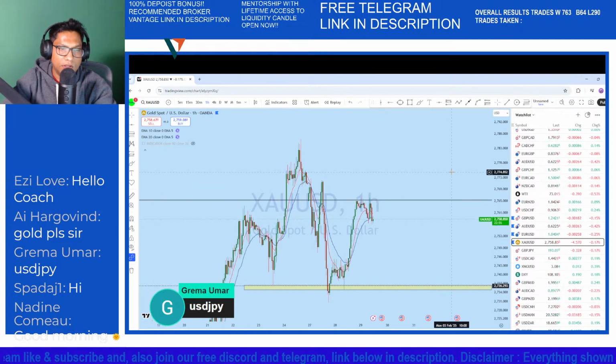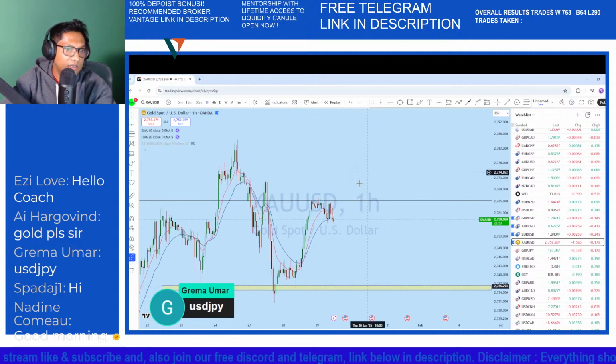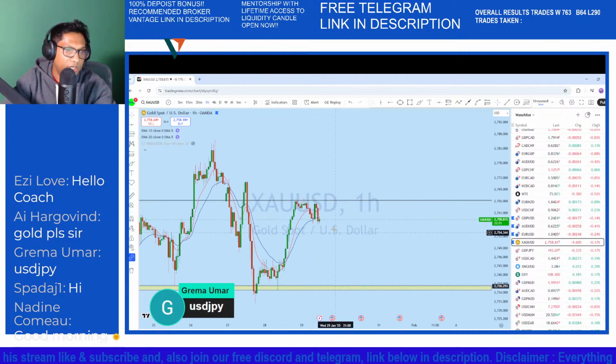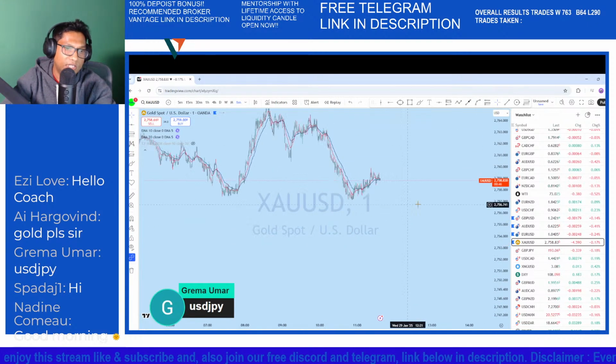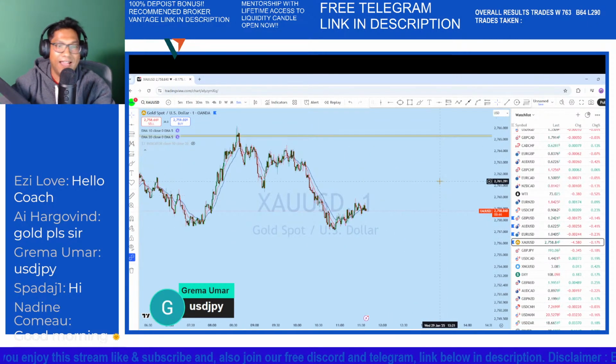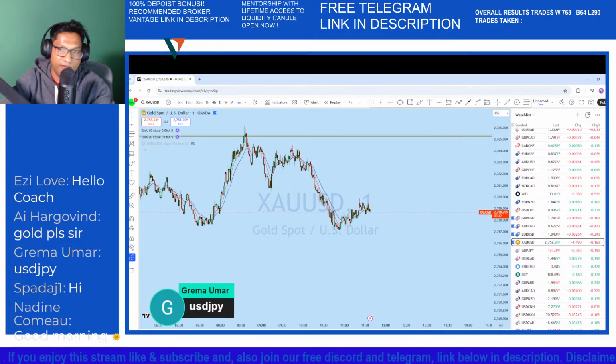As it has formed that important liquidity zone, the bias I think could be to the downside for the time being. As FOMC is coming, we might see a very good move in the market.